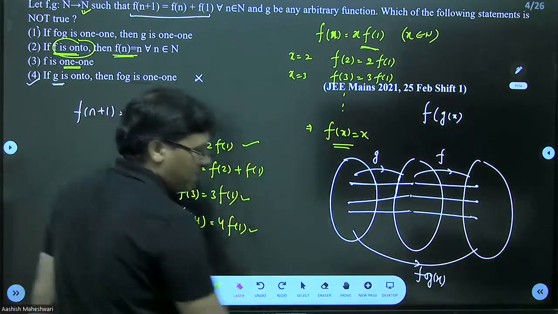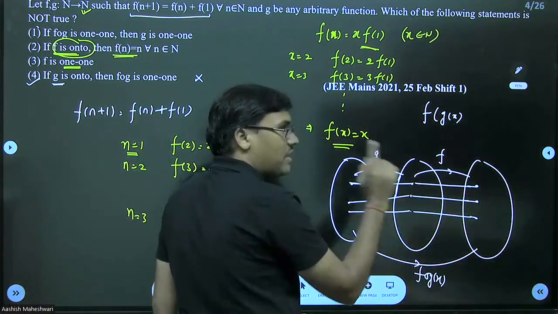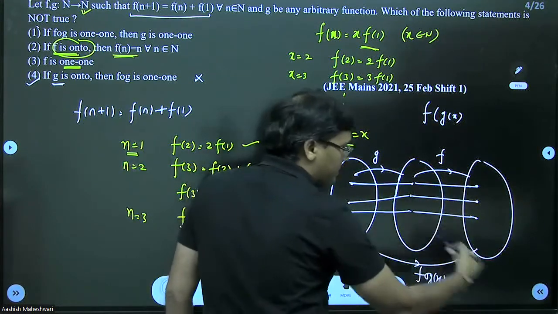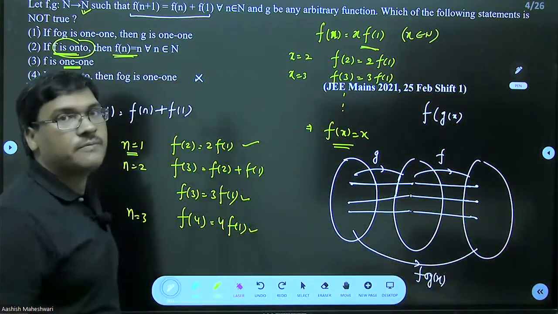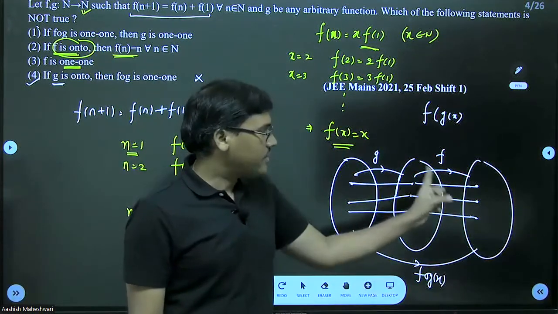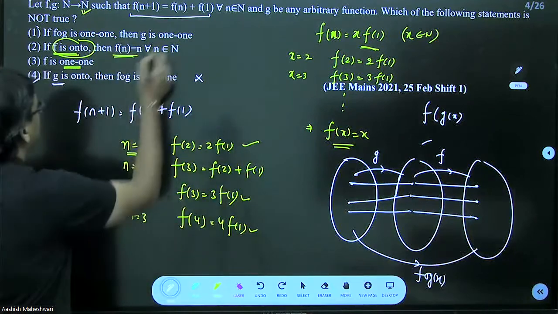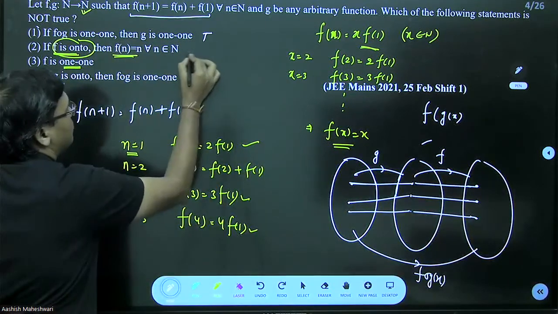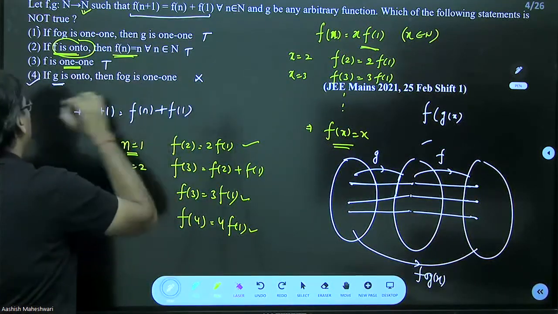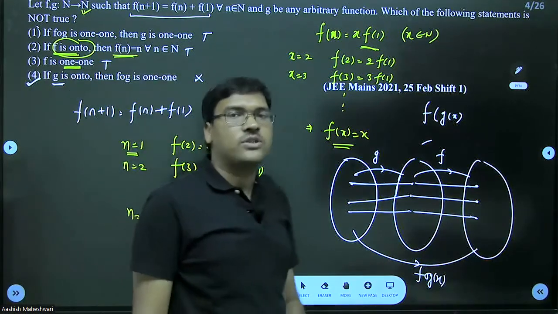And always remember, if f of gx is a 1, 1 function, then the first function should be a 1, 1 function and the second function should be an onto function. This is the condition. So this is the correct answer. That means this is a true statement, this is true, this is true, this is a false statement. That means option 4 is the correct answer for this question.